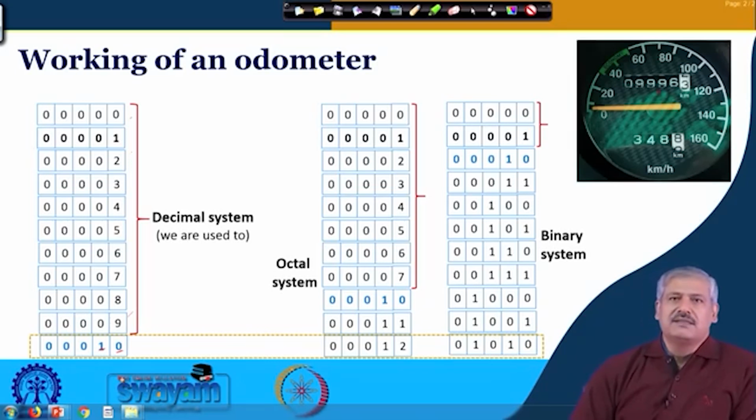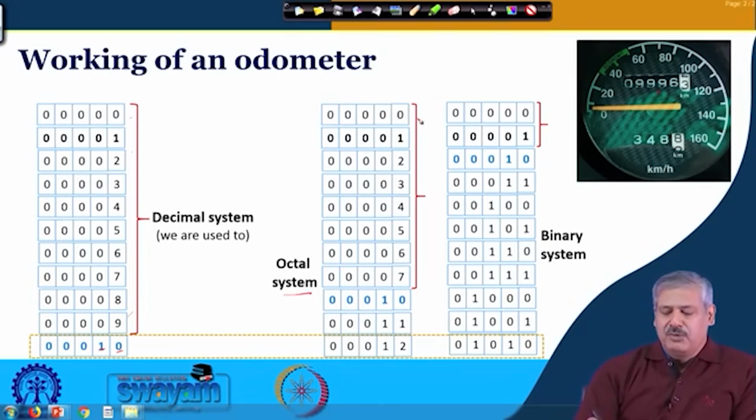So, if we consider, instead of the 10-digit decimal system, an octal system, that means only 8 digits are available, and let us consider the representation as 0 to 7. So, what would have been the case here?